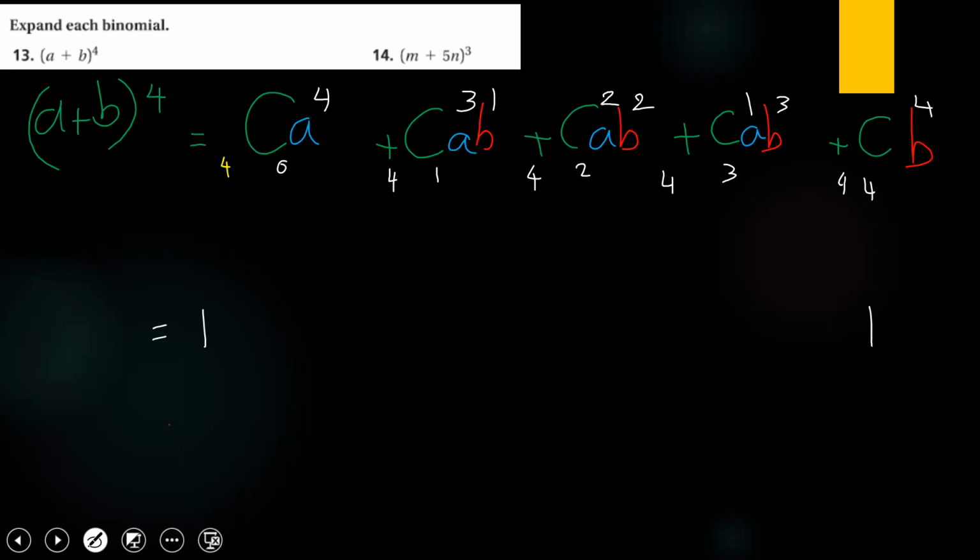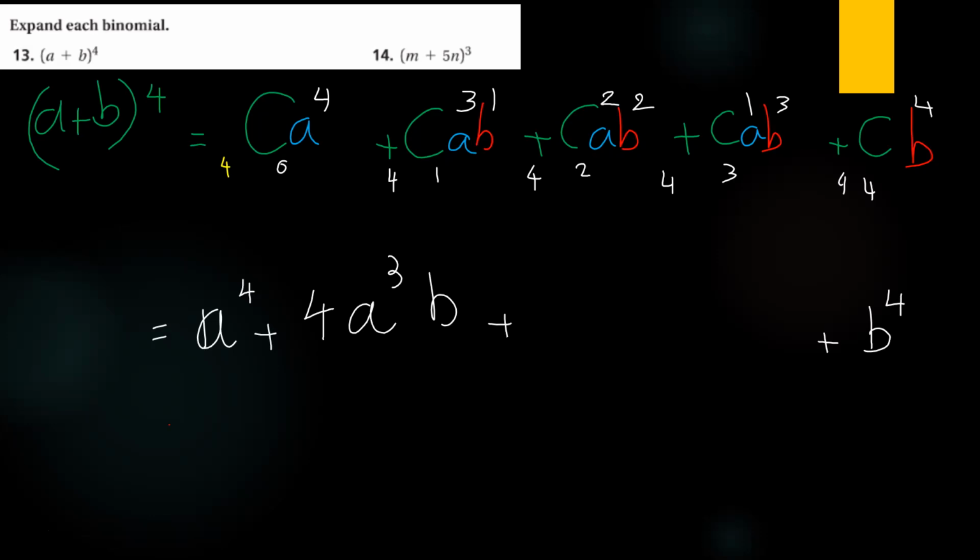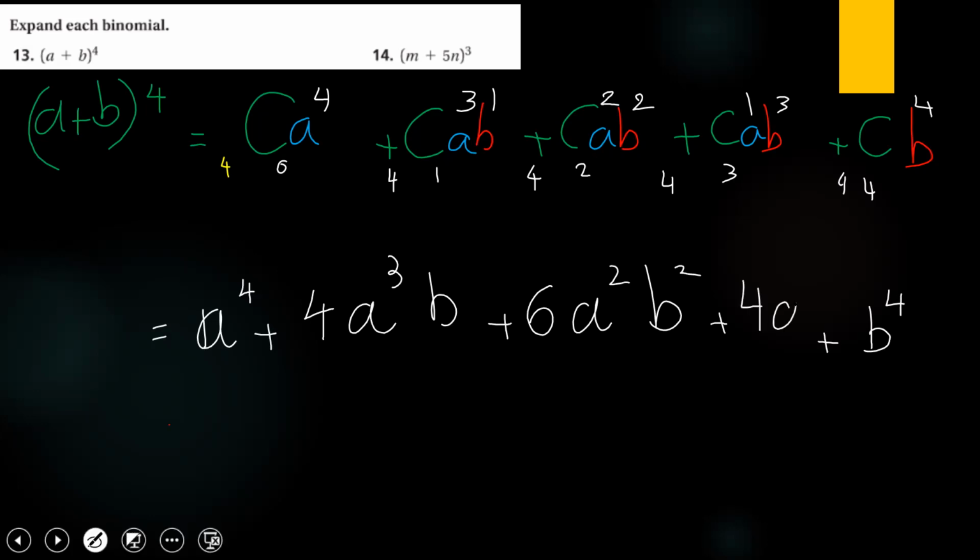Now 1 from 4, a cubic. So here we have a to the power 4, and here we have b to the power 4. Now combination of 1 from 4, which is 4 a cubic b plus 6 a squared b squared plus 4 a b cubic plus b to the power 4.